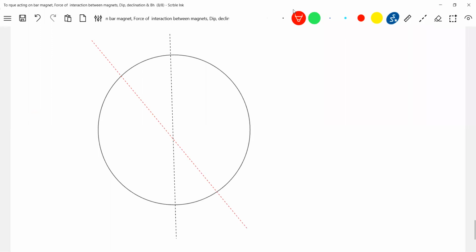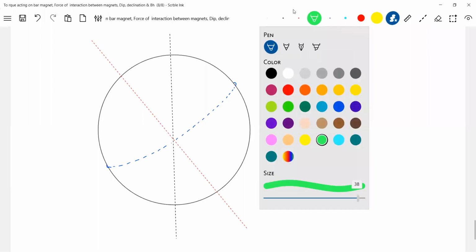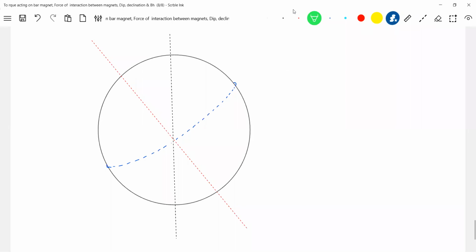Now let's come to it. So only the magnetic equator I'll show; the geographic equator is of no use. How will the B bar be directed here? We want a bar magnet. First point 1, how will B bar be?